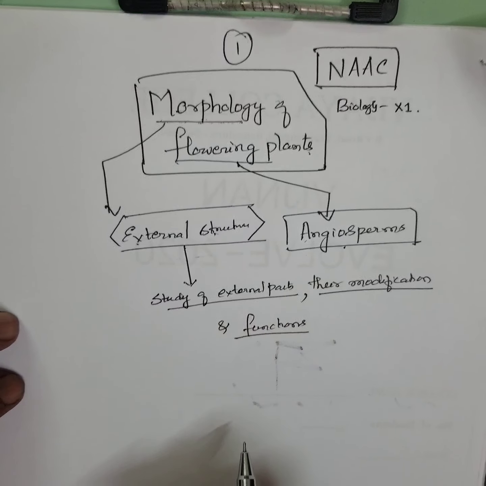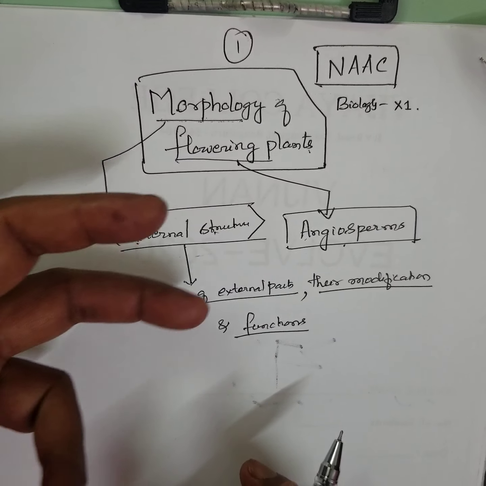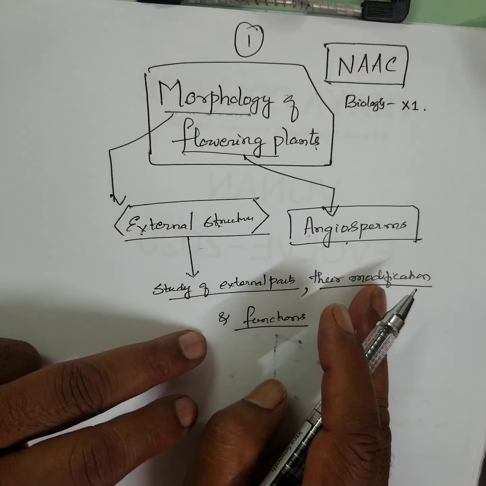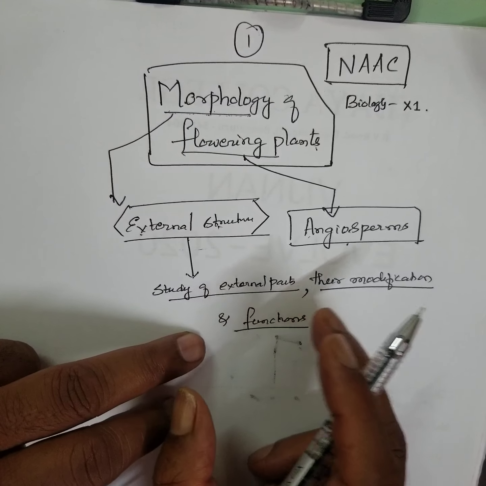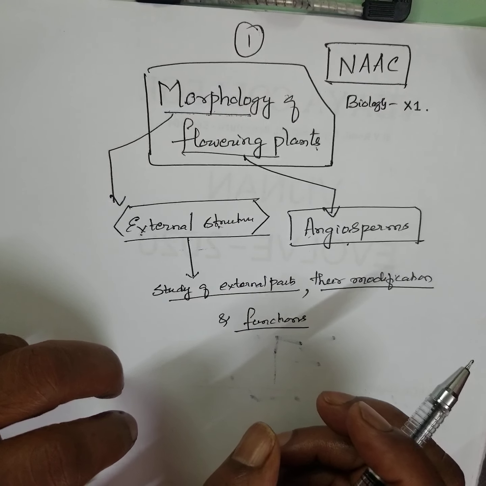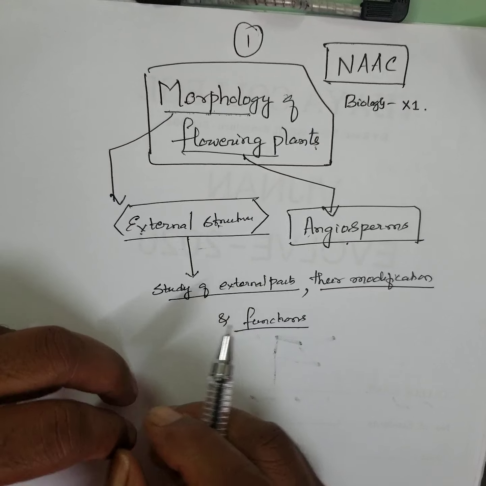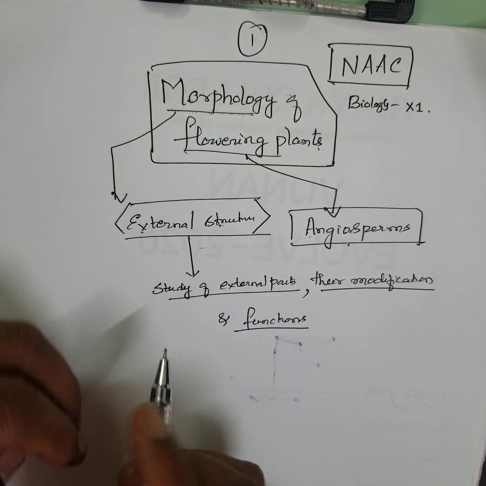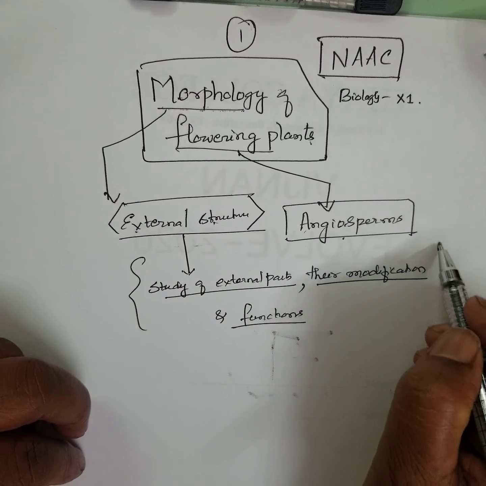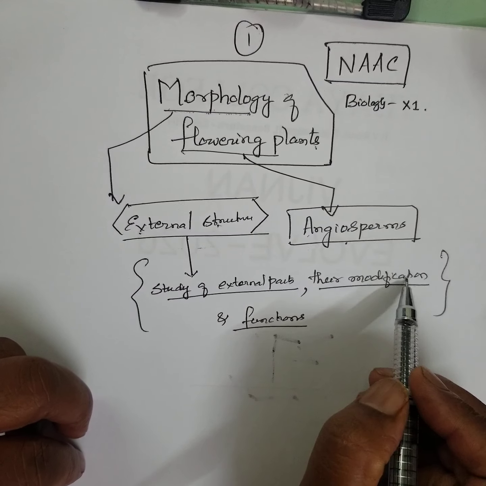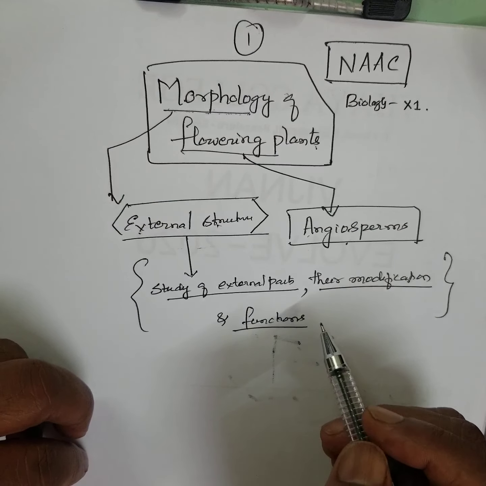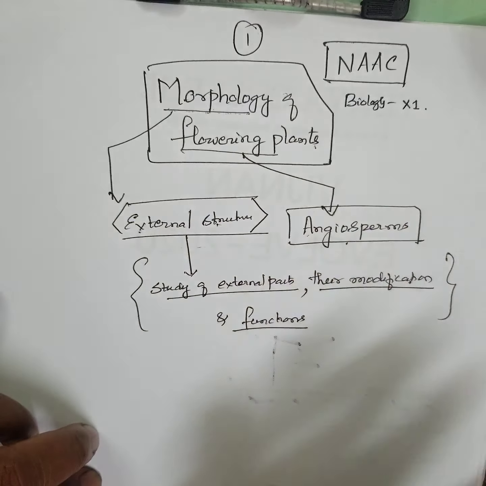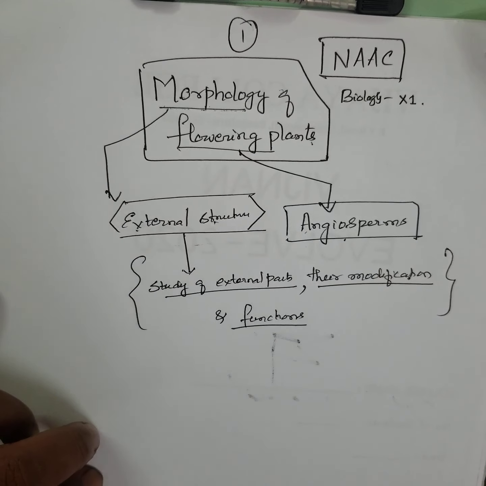It may be modified for protection, or absorbing food materials, or dispersion of seeds. So many things are there. Therefore, the overall study of the external parts, their modifications and their functions in an angiosperm is called morphology of flowering plants.